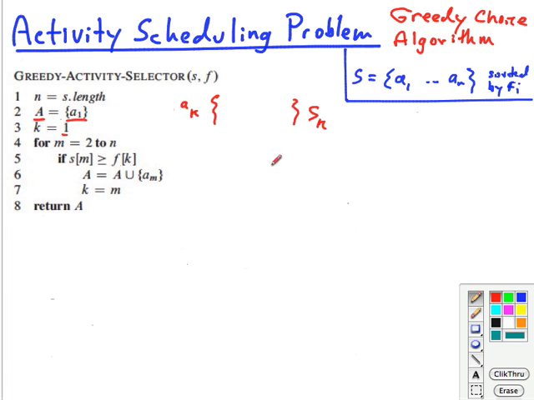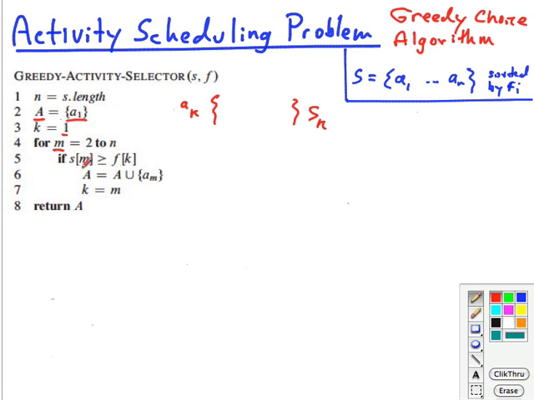S sub k refers to all the activities left after you've picked activity A sub k. So we're searching S sub k each time through this loop, and k is going to change. So m is the index of where we're searching. We start with the next activity, 2, and we work our way up to the end.